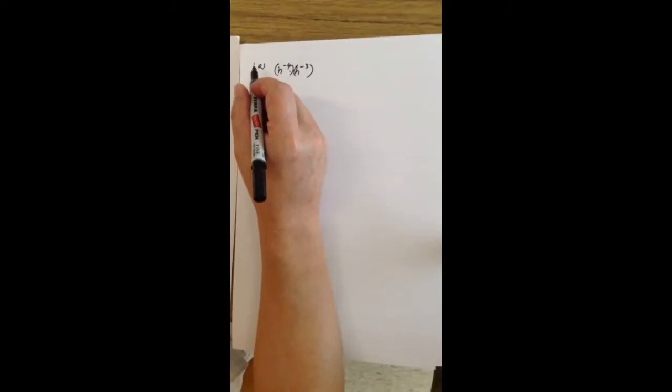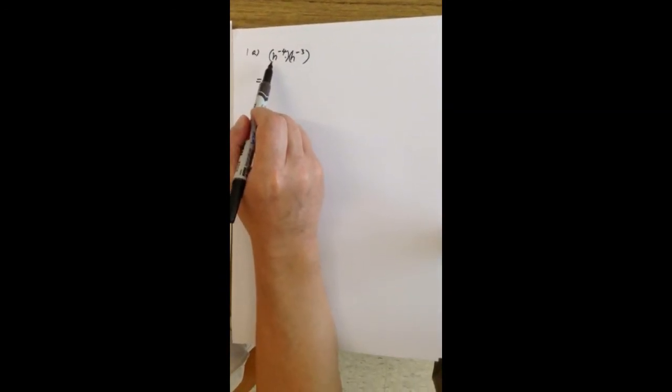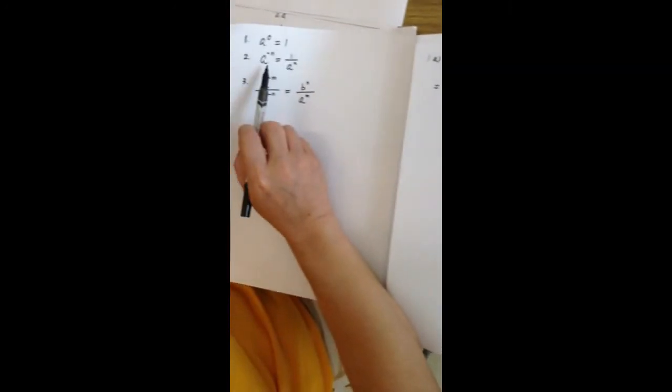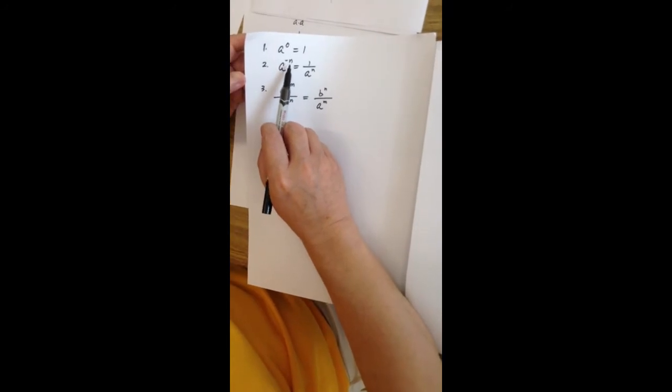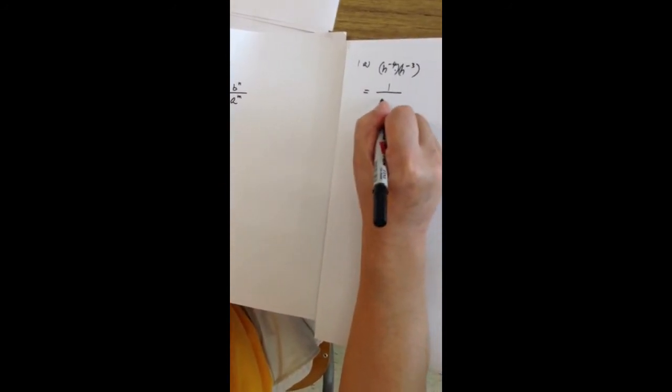I'm going to do question number 1a for you first. It is quite simple for this problem. Now, the first round bracket, x to the power negative 4, is equal to, using formula 2, a to the power negative n is equal to 1 over a to the power n. So I simplify it first. It is equal to 1 over x to the power 4.